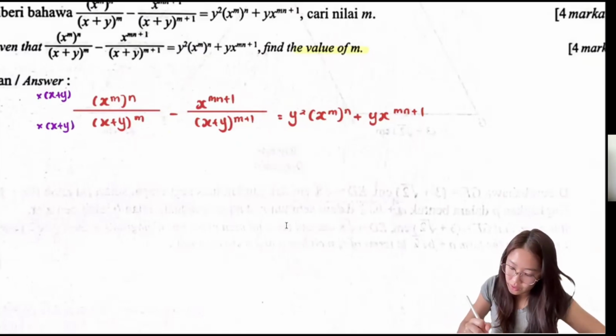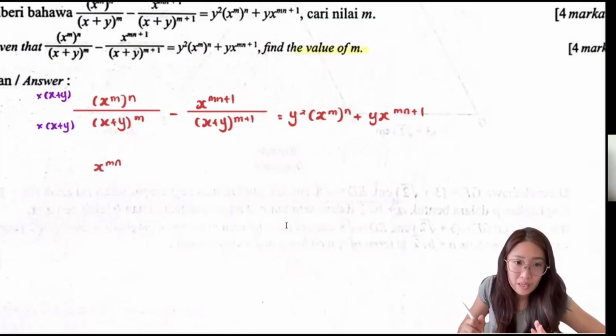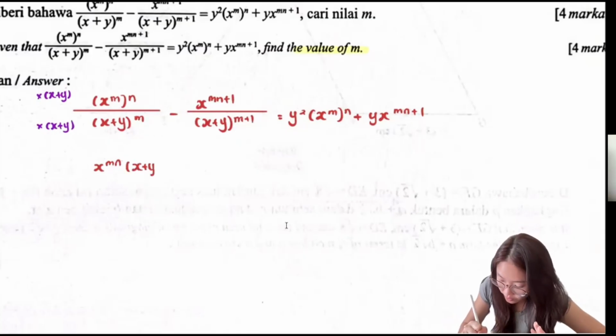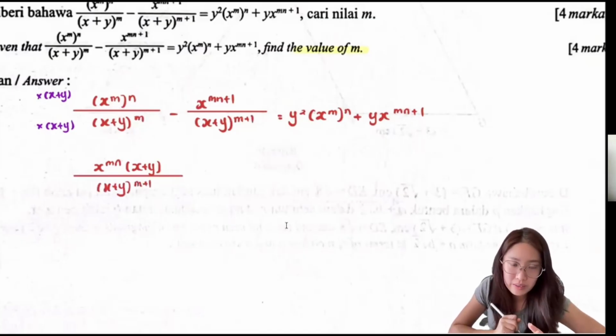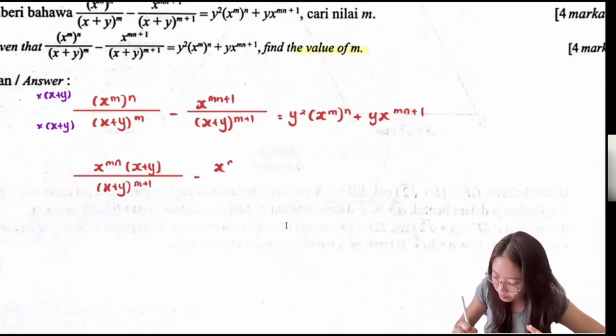So here you have on top, okay, slowly, x power mn times x plus y. You can write like this first. Okay, and then at the bottom, you have x plus y power m plus 1 already. Behind, you just copy this one. Exactly the same thing.